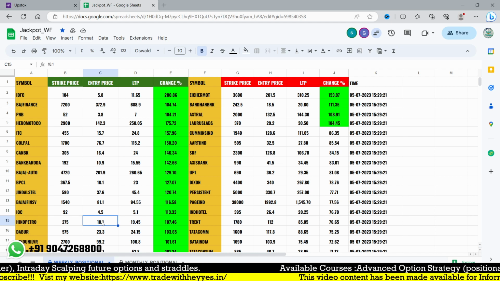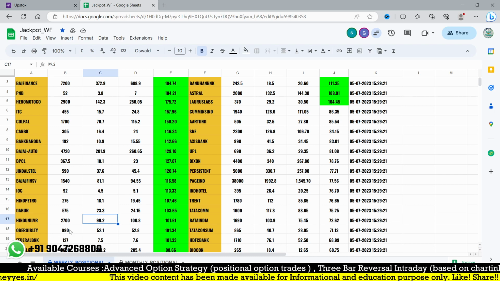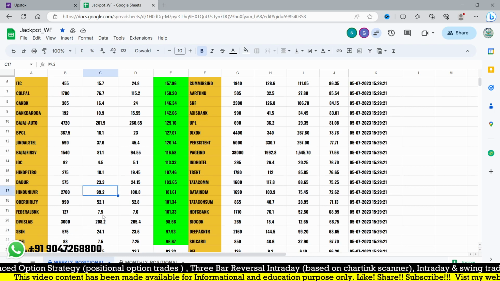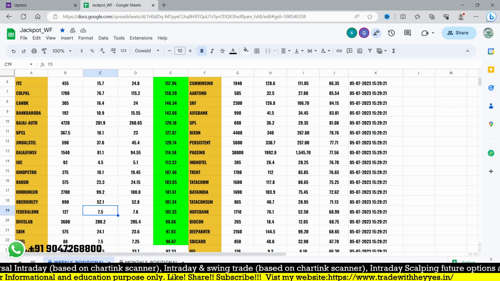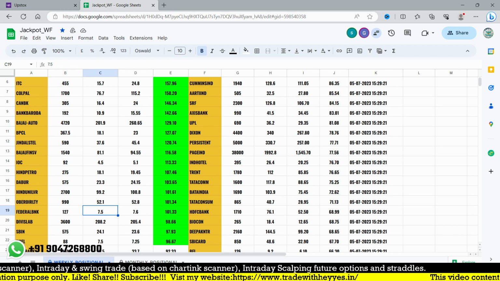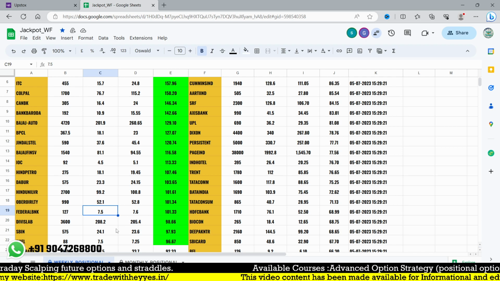Petronet is also the same. Hindustan Unilever and Dr. Reddy's all triggered, and Federal Bank. Yesterday's trigger went higher, 8 plus, and today came down to the same breakout point around 7.37, 6.75 in the morning. From there it went higher, and now it closed exactly at this point.